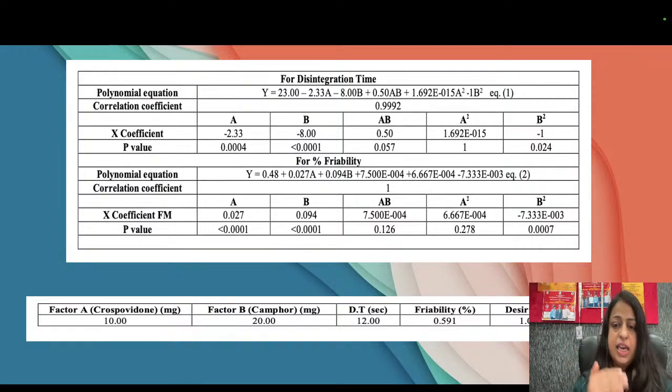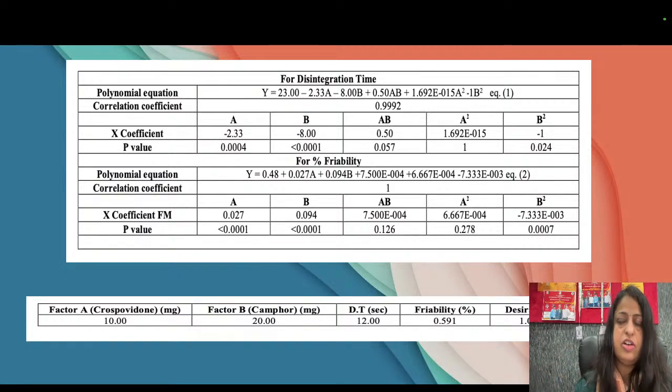Again, if it is a new formula, then definitely we have to go for the formulation and evaluation of this batch, and then compare the experimental results with the statistical results. So this is the last step of our whole experimentation, that the results of the evaluation of the optimized batch should be compared with the statistical results.